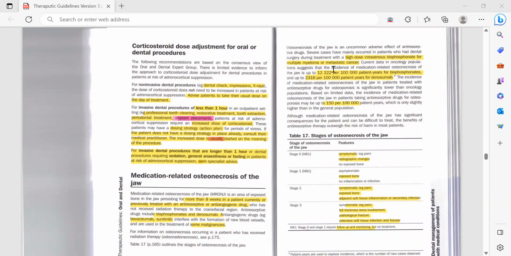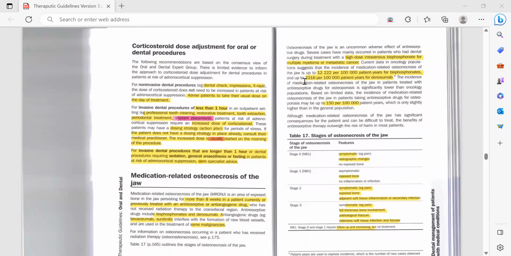Current data in the oncology population suggests that the incidence of MRONJ is up to 12,222 per 100,000 patients per year for patients who are taking bisphosphonate.